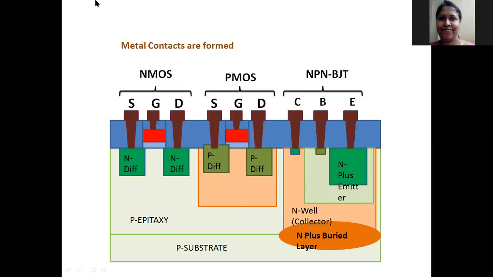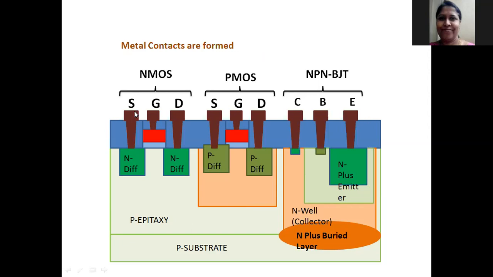Next, last but one step is metallization, where the entire portion is covered with metal and then use suitable mask, photolithography and chemical etching to remove metal from unwanted portion and retain metal in the required portion.